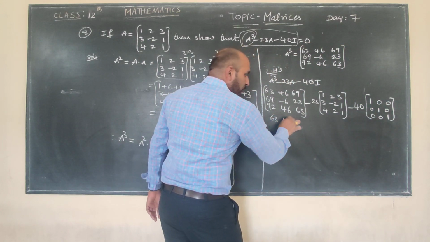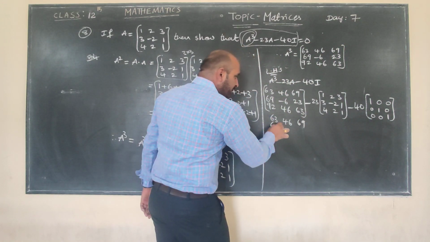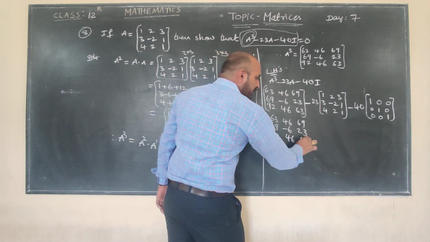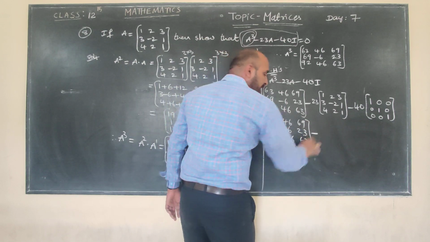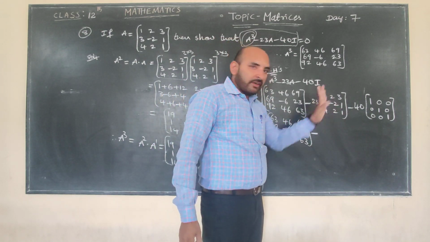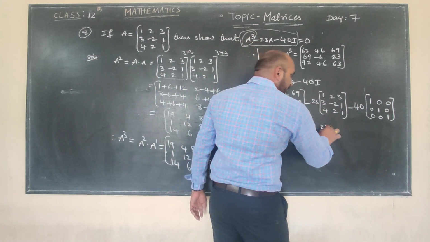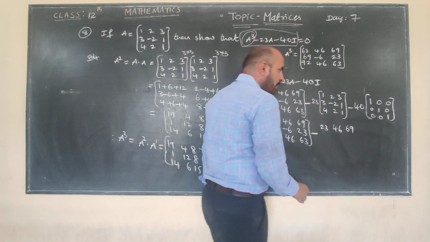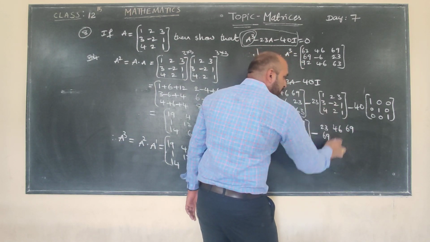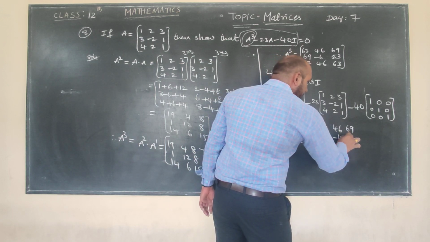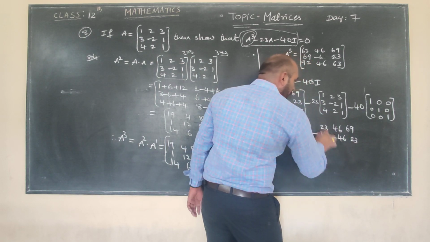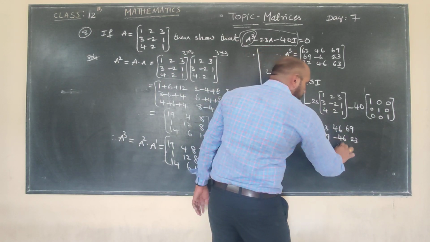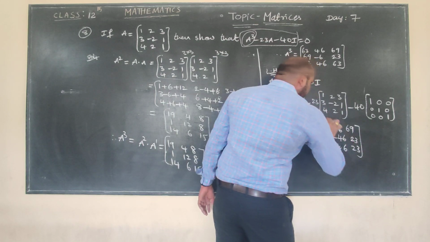So 63, 46, 69, 69 minus 6, 23, 92, 46, 63 minus. So 23 multiply each and every element. 23 ones are 23, 23 twos are 46, 23 threes are 69. And here, second row: 23 fours are 92, 23 twos are 46, and 23 ones are 23.